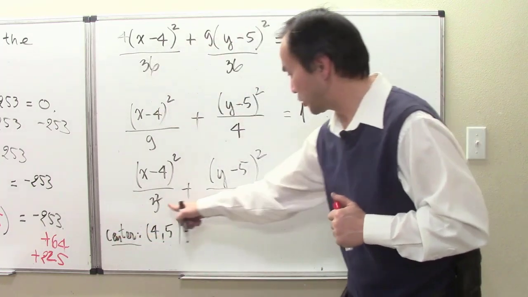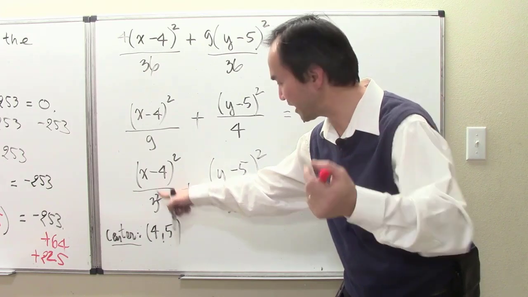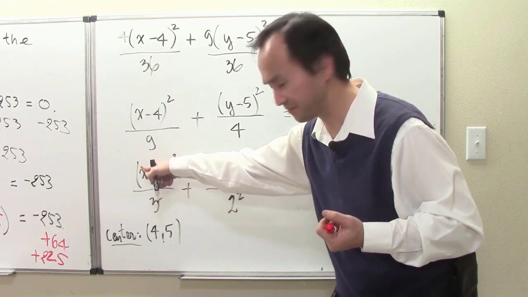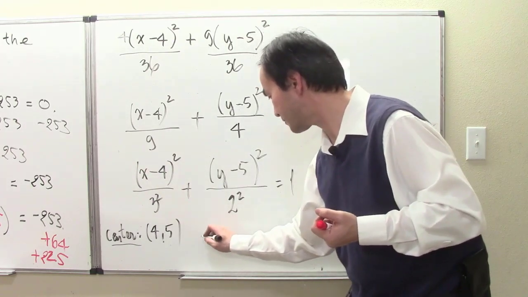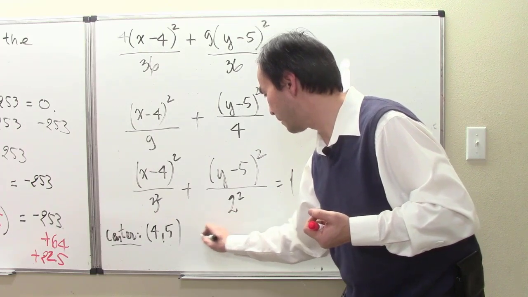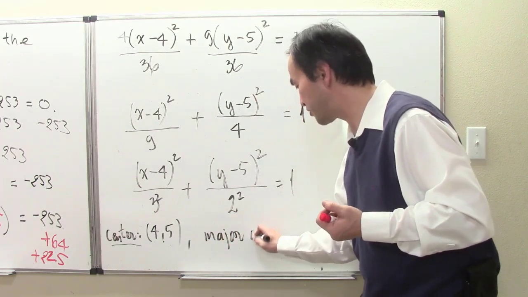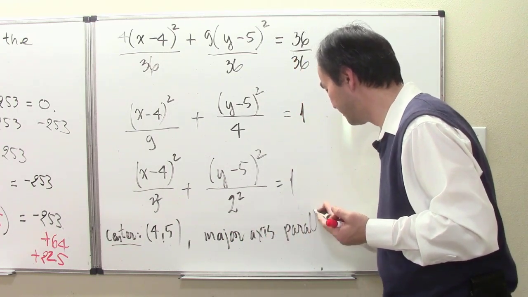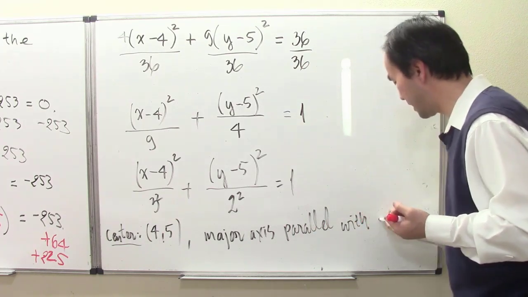Okay, between the two values here, a is larger. The coefficient in the denominator of the perfect square x term is larger, and so in that case I know that my ellipse has a major axis parallel with the x-axis.